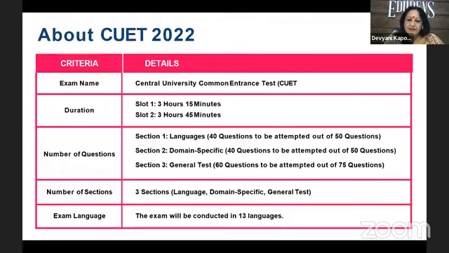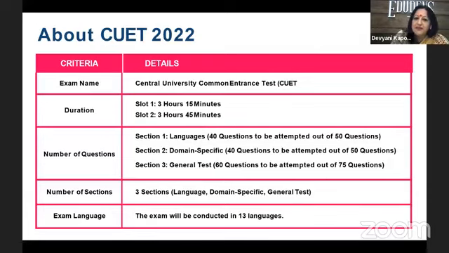The number of sections: we have 3 sections in all. Section 1 will be of languages, 50 questions, 40 questions should be attempted. Section 2 is domain specific, where again you can opt for more subjects. We'll come back to it. And 40 questions to be attempted out of 50 questions.